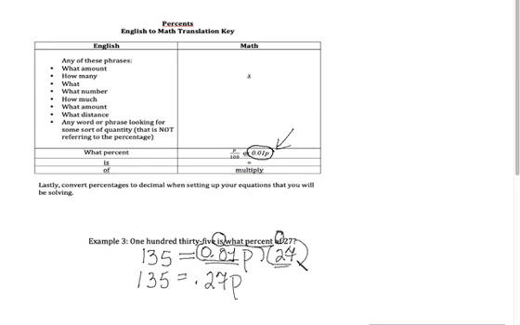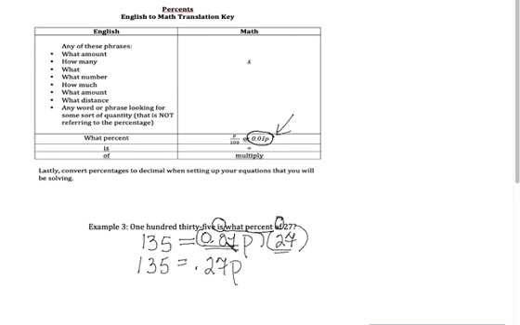Now I'm going to solve for the percentage, so I'm going to divide both sides by 0.27. This goes out, and I have p equals 135 divided by 0.27.